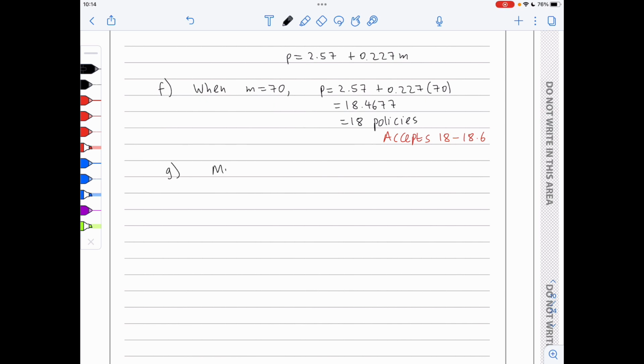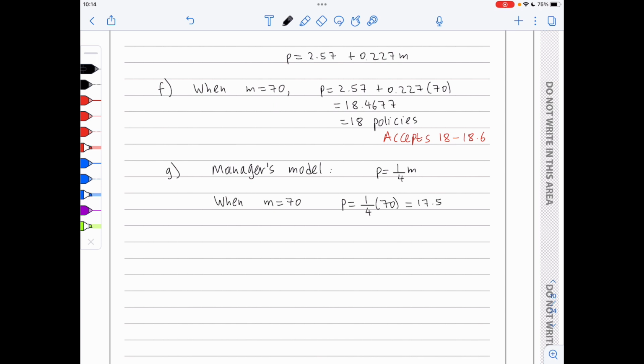So the manager's model simply says that the number of policies sold is 1/4 M, and we know that when M is 70, then the model predicts 1/4 times 70, which is 17.5.